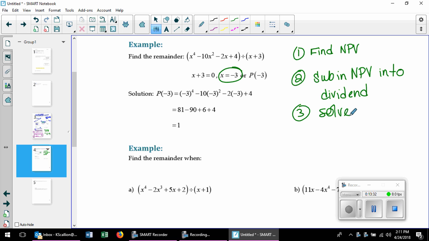This is why it's a little bit easier. You just sub it directly into your dividend. You don't need to put it in order or anything. Do the math, and what's left over, this is the remainder. That's your remainder.